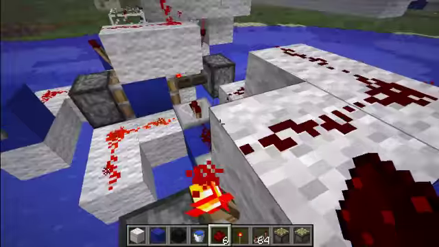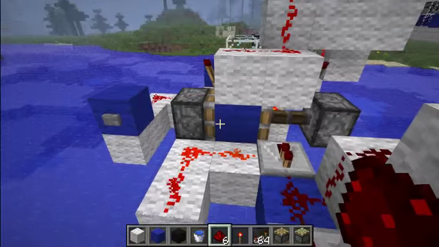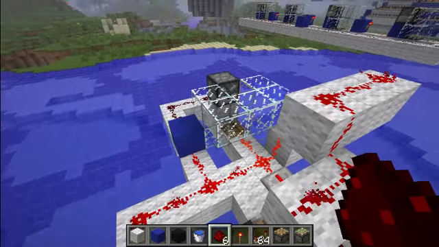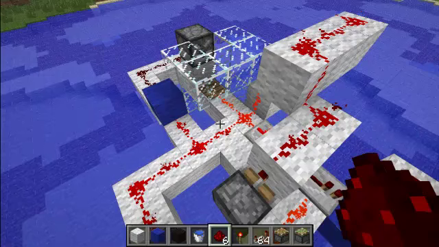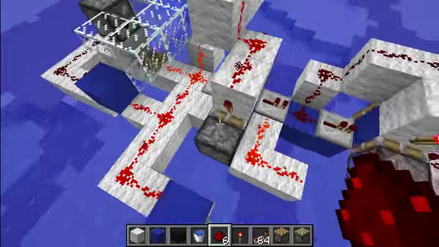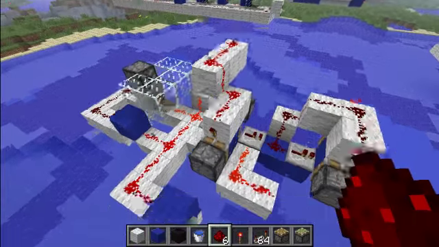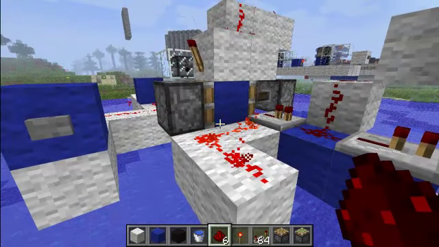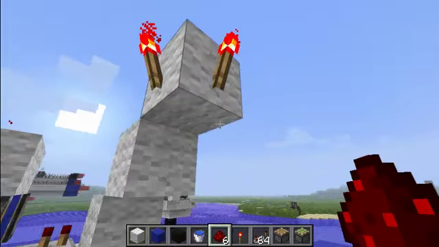But it basically makes into a switch for 4 times. Instead of you having to have 4 of them, taking 4 times as much items, use these switches that will alternate 4 times until you get your power out here.